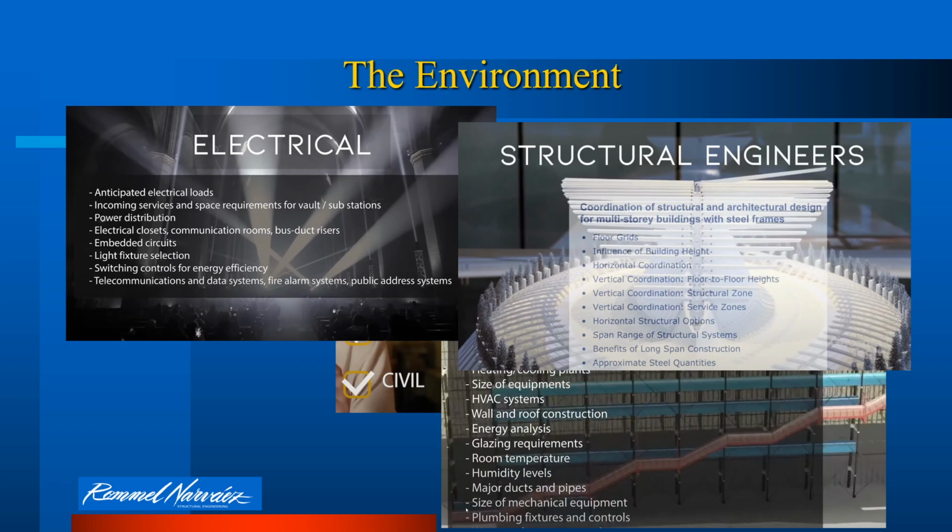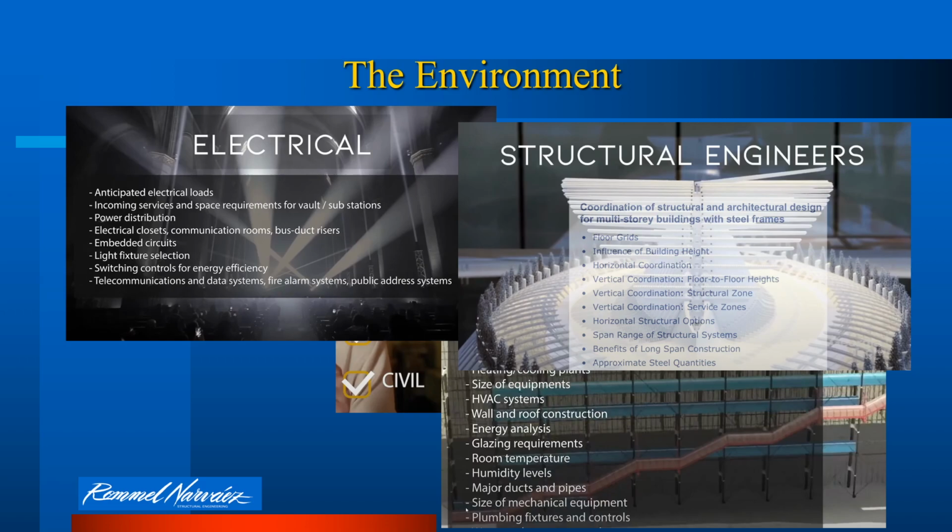We need to think about floor grids, the position of this, to find some kind of coordination with other specialties. Influence of building heights, horizontal coordination. I'm going to talk about that later.